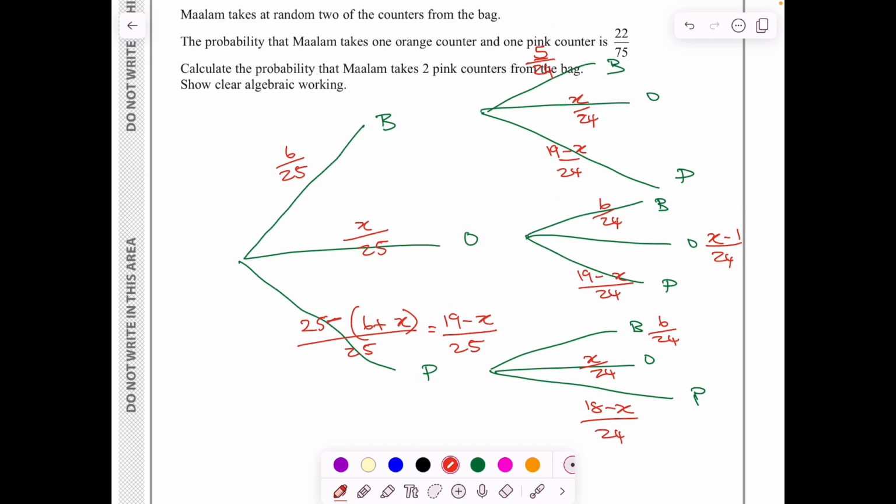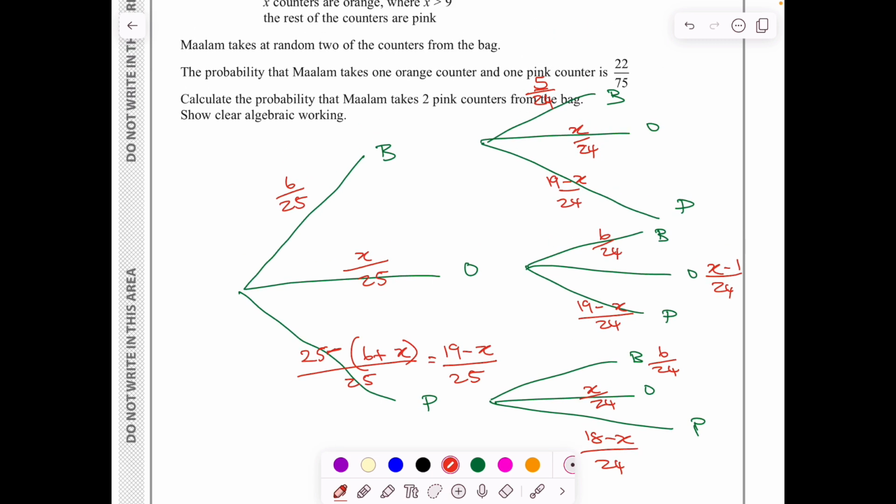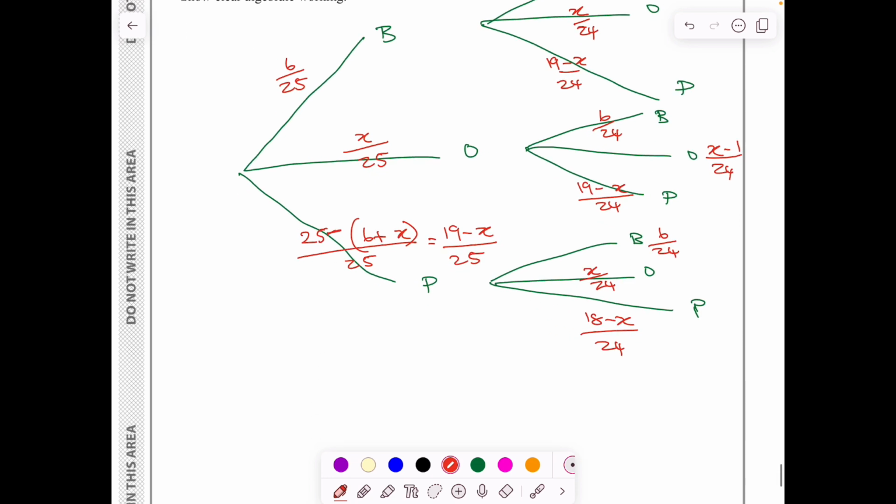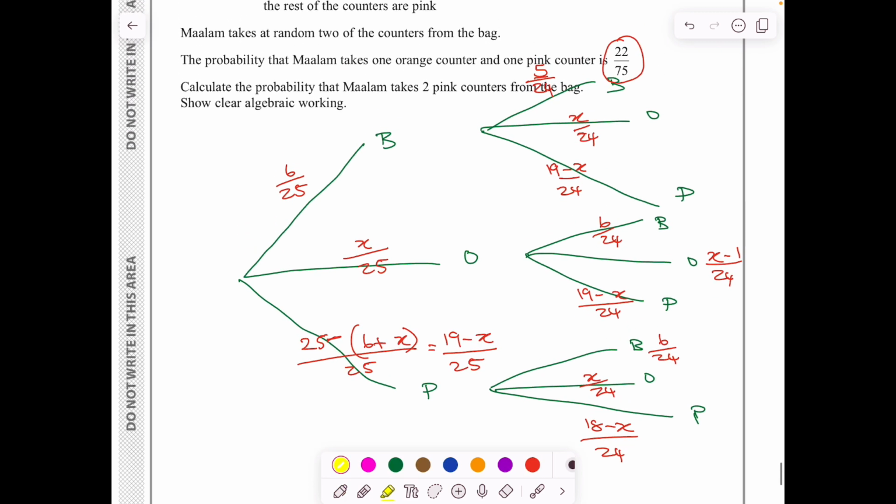Okay. So the bit of information they do give us is that the probability that Malum takes 1 orange counter and 1 pink counter is 22 over 75. So where does that happen? She takes 1 orange and 1 pink. So it could be those two.